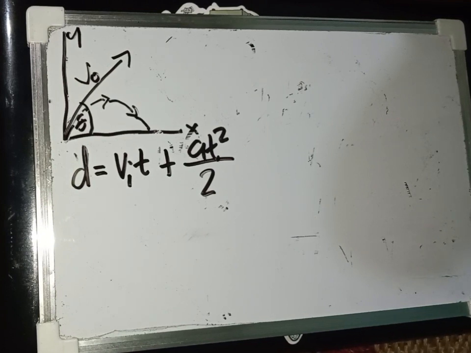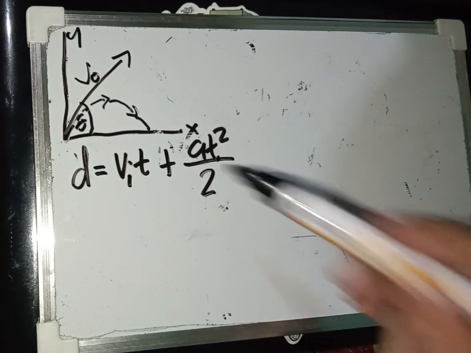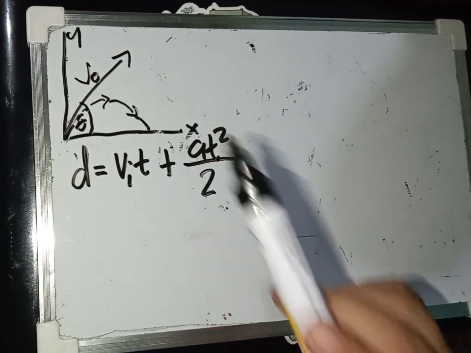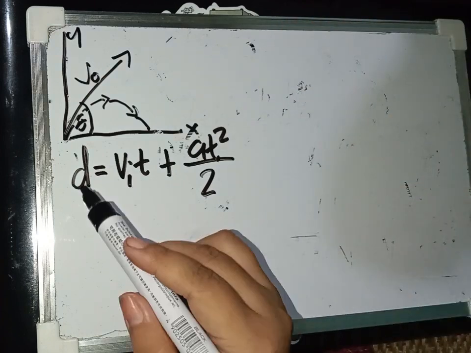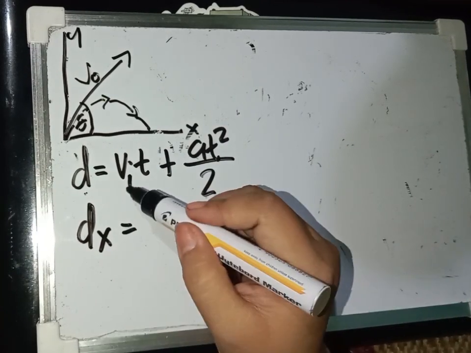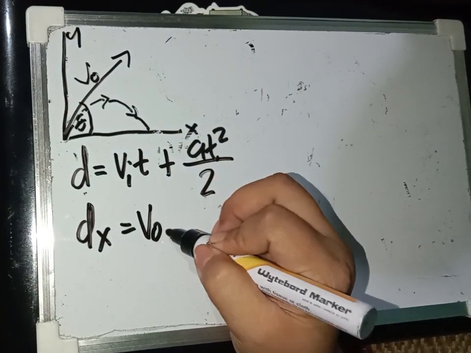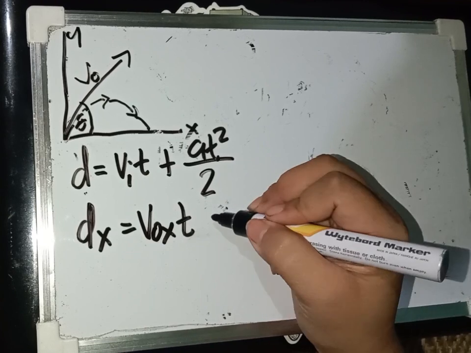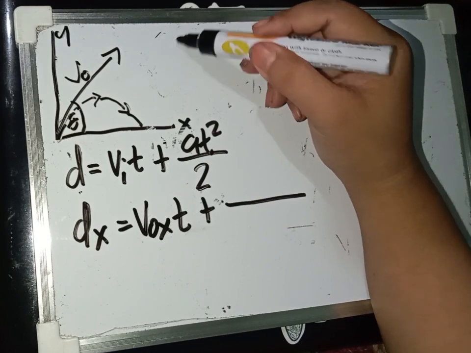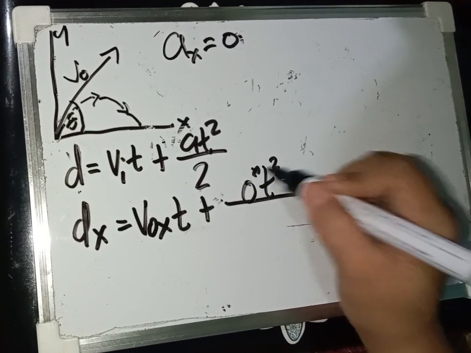So for the x component, again, we have to make this a projectile equation by giving an identity of the x component to each of the variables and by replacing the variables as they correspond to the projectile graph here. So the d here, the displacement, will become displacement of x is equivalent to the equivalent variable of initial velocity here. The initial velocity is the v naught, so that is v naught of x multiplied by time plus at squared. The a is equivalent again from the first equation: acceleration at x is equal to 0. So 0 multiplied by t squared over 2.